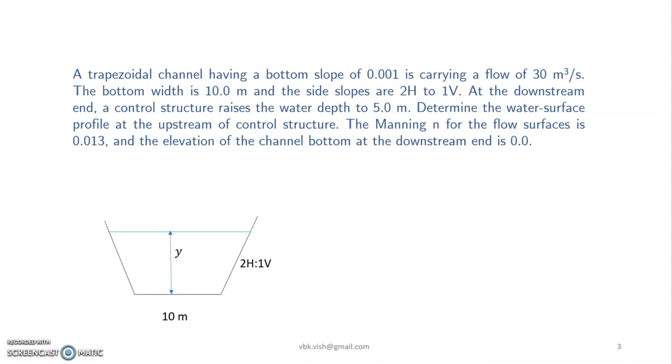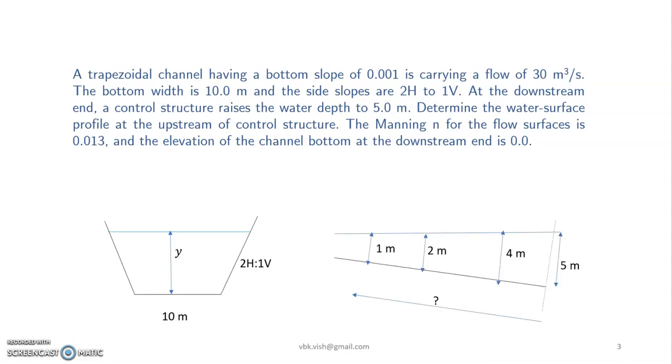The side slopes are denoted in terms of a ratio 2 horizontal to 1 vertical. So what we are supposed to calculate is this. Let us calculate the upstream profile, and we also are supposed to calculate the length of the backwater curve which is supposed to be obtained.